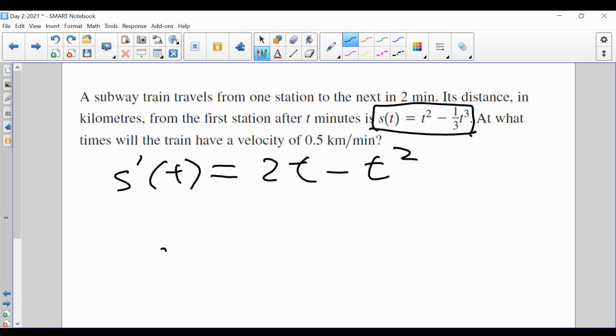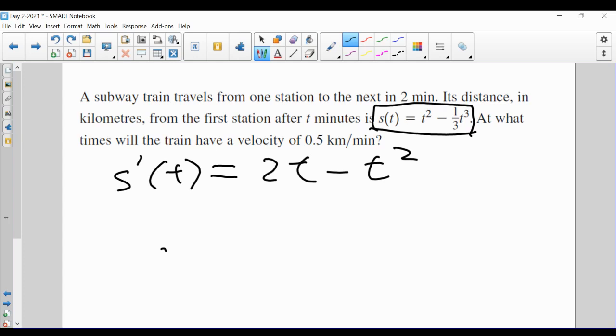Okay, good. So what am I going to do with this now? Do I set this equal to 0.5 or do I put 0.5 into the function? I want to figure out when the train has a velocity of 0.5 kilometers per minute. Stephen says equal to 0.5 and Richard is on the same page with him.